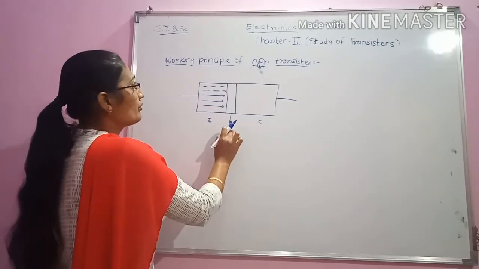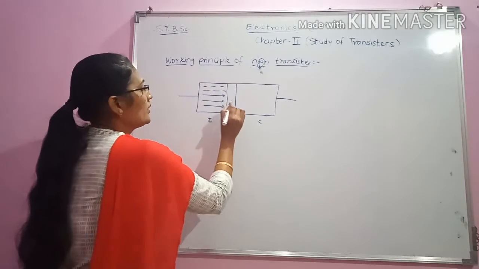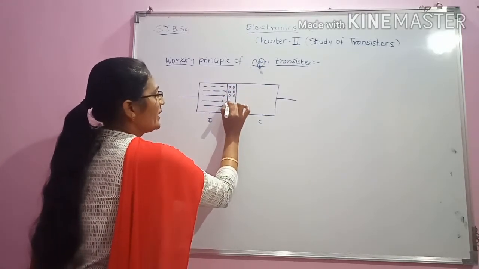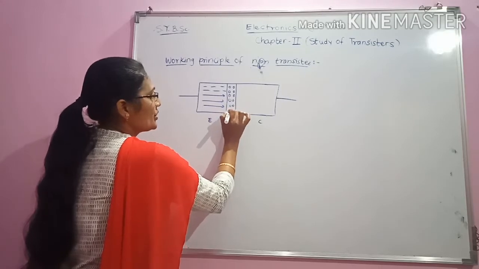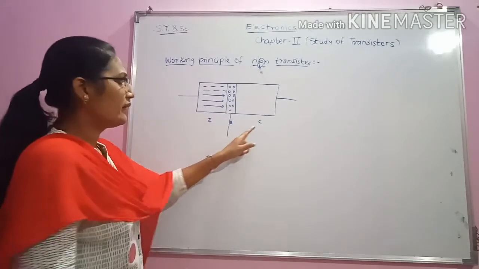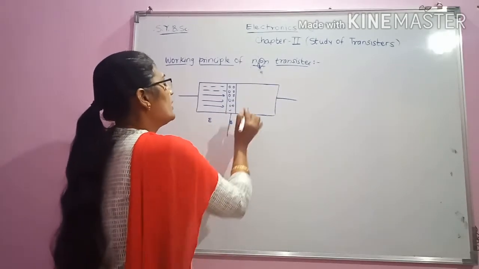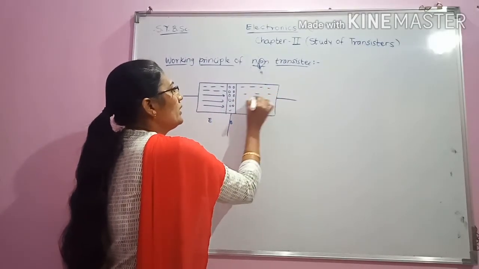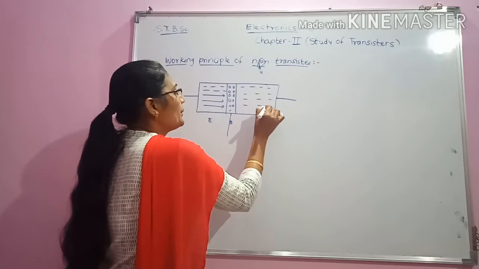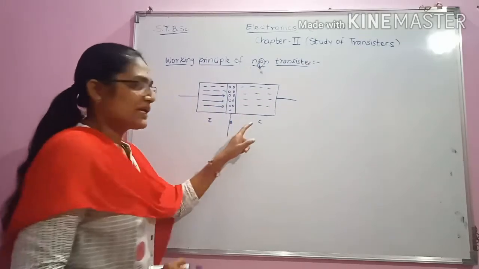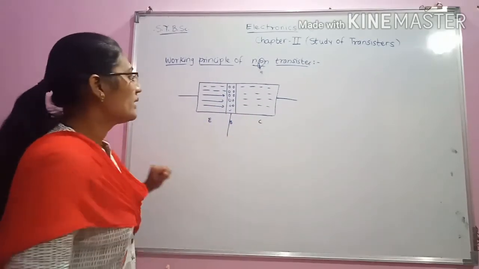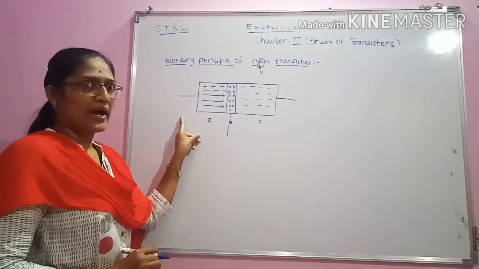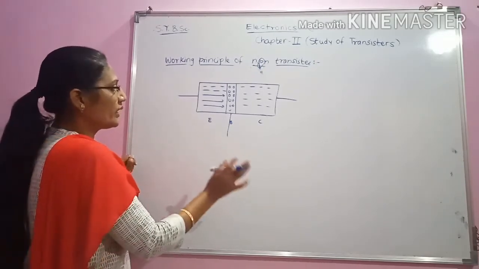In this transistor, the minority charge carriers are the holes, which are located in the base region, and the collector is also made up of electrons, but the doping is less as compared to the emitter. Now we have to forward bias the, now there are two junctions.